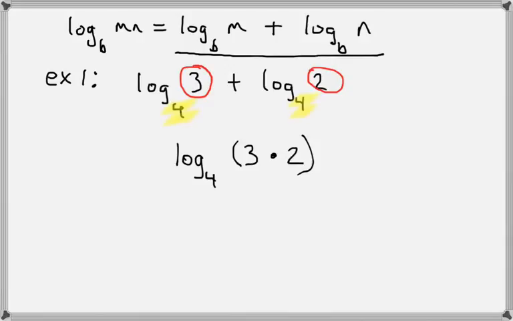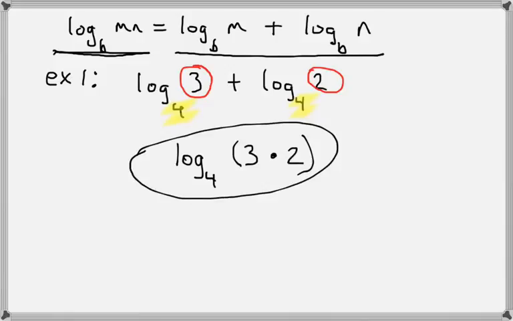You can leave this like that, or if you wanted to, you could go ahead and multiply those two together. I'm not worried about multiplying it together because I want it to match the property, which has an m times an n. So I would leave our answer just like this. Here is our final answer, our simplified version of log base 4 of 3 plus log base 4 of 2. Using the product property, it combines to be log base 4 of 3 times 2.